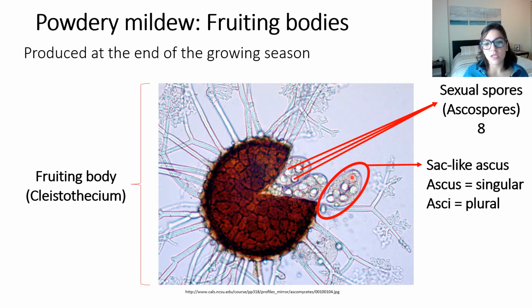They come in numbers of 8. In your guide, you also have a link that guides you to a YouTube video where you can see how we collect these cleistothecia and observe them under the microscope. I invite you to go and watch this video as well. It will be very useful for you to understand how we do it.